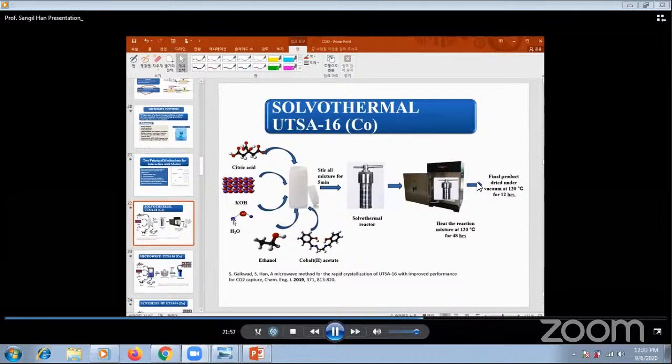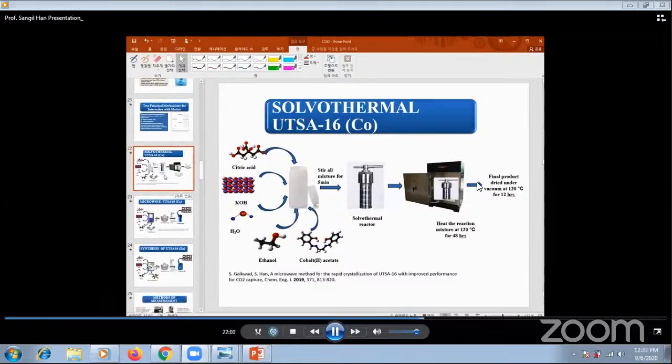So we tried two different methods to develop the microwave synthesis method. The solvothermal method should be proven for applying the microwave synthesis method.